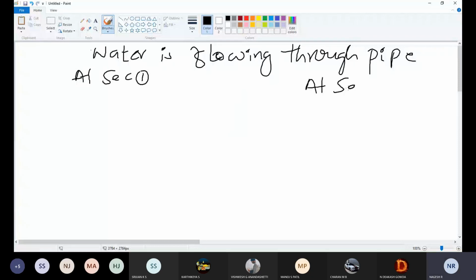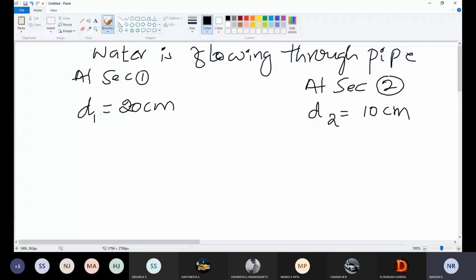I will take section 1 here and section 2 over here. At section 1, the diameter is 20 centimeter. At section 2, the diameter is 10 centimeter.